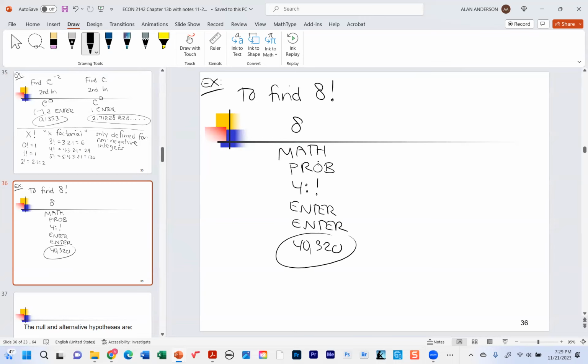All right, now, suppose that we have a specific problem that we need to calculate. We can do one of two things. Well, let's do a quick example.